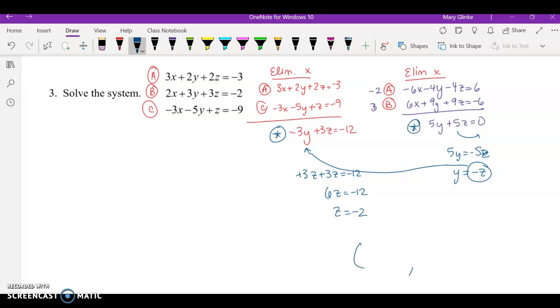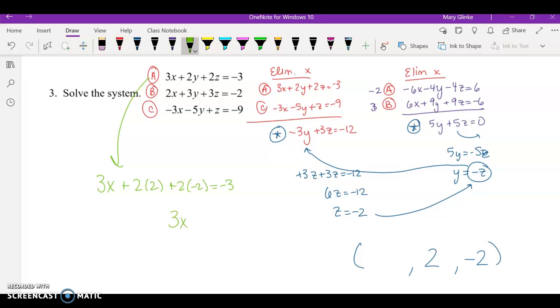So if we have our coordinate points here, we know that z has to be negative 2, which means if I plug in negative 2 for z, I know that y has to be a positive 2. Once I know two of these, I can go back to any equation. It truly does not matter which one. I'm going to solve for x by plugging in 2 for y and negative 2 for z.